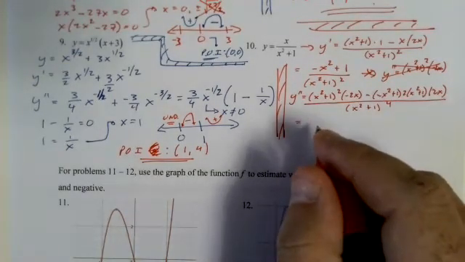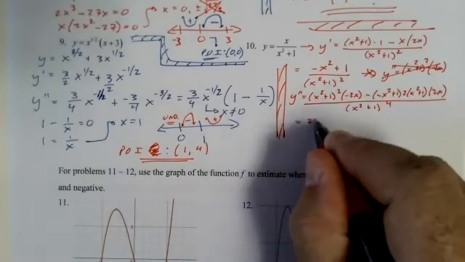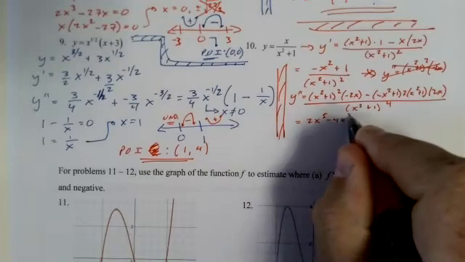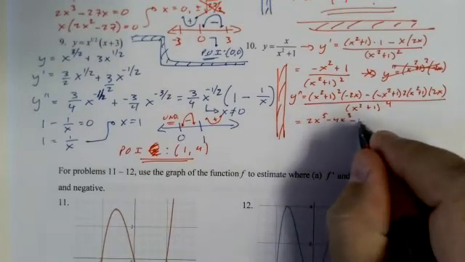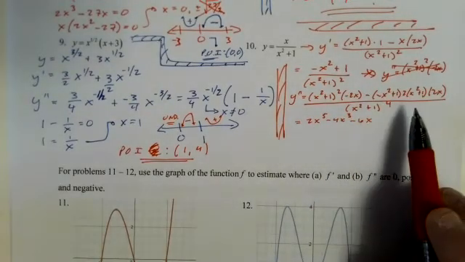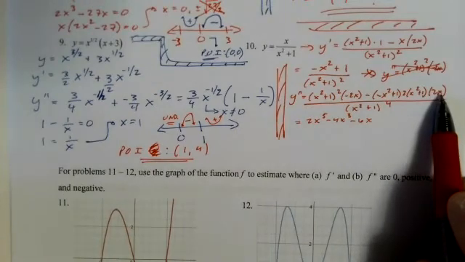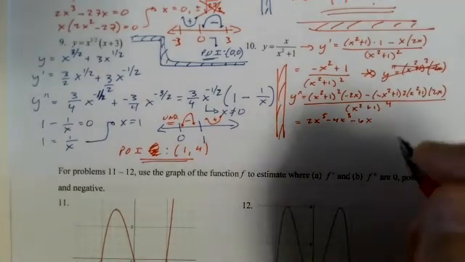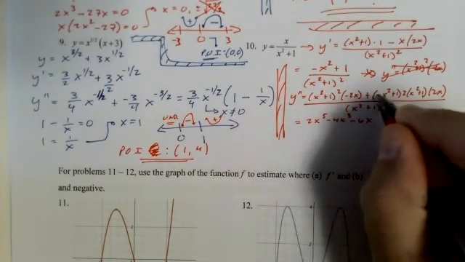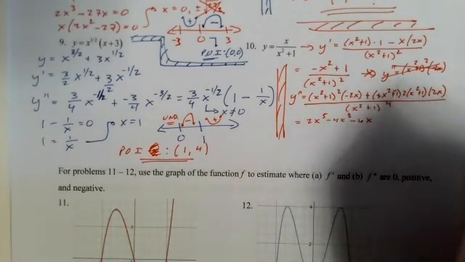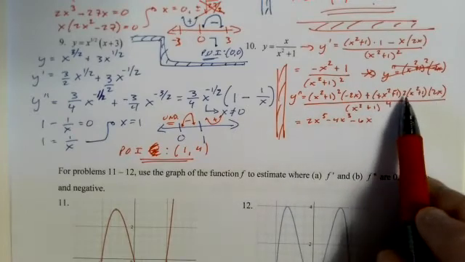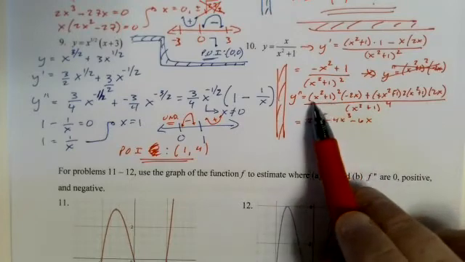Equals 2x to the 5th minus 4x to the 3rd minus 6x. See if I agree with that. 4x times x squared times negative x squared. I'm going to do this because that's going to cause problems otherwise. 2x to the fifth.